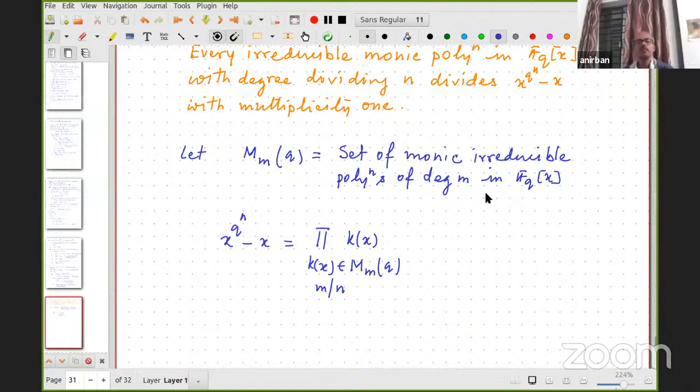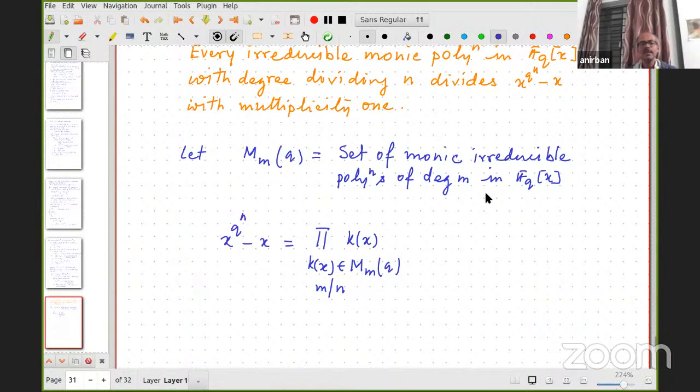If we take the product of all irreducible polynomials of degree m for m dividing n, we get x^(q^n) minus x.